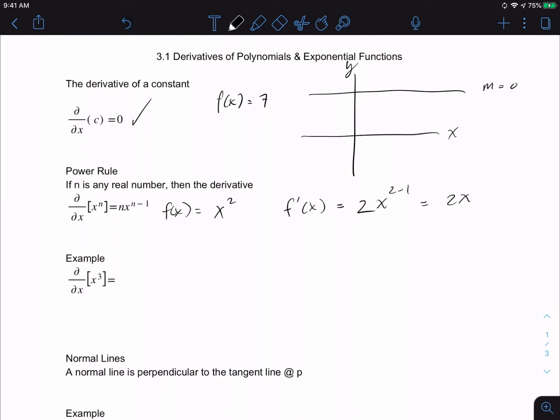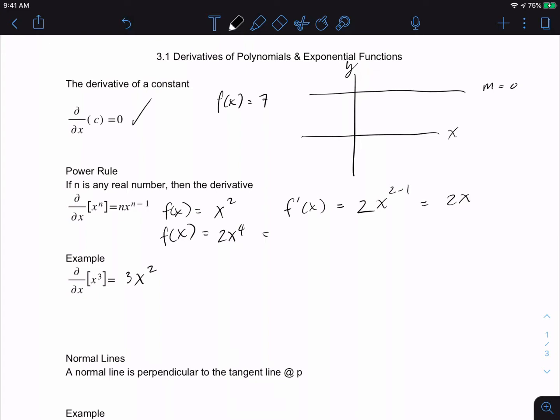If I had done something a little bit more complicated, I'm doing an example and there's an example right below. So this one's obviously going to be 3x squared, right? But let's say I gave you something like 2x to the 4th.